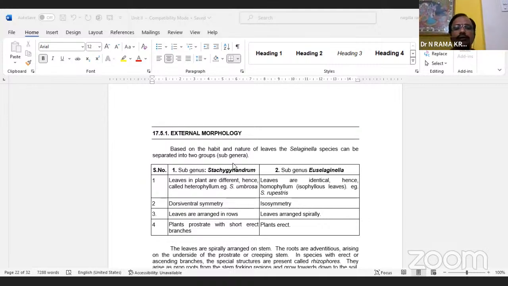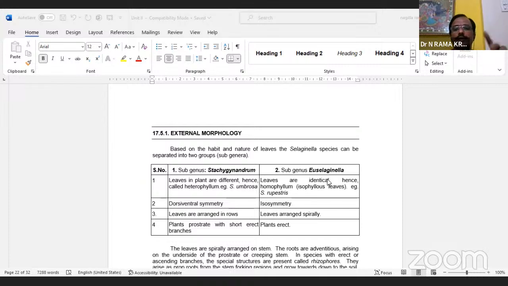It is dorsiventrally symmetrical, and the leaves are arranged in rows. The plant is prostrate with short erect branches. These are all the structures of Stachygynandrum.